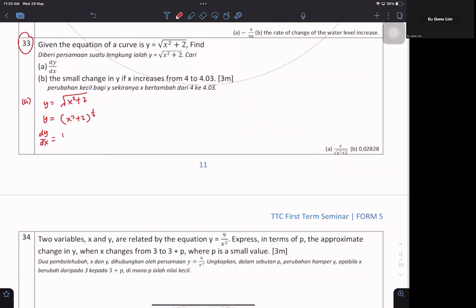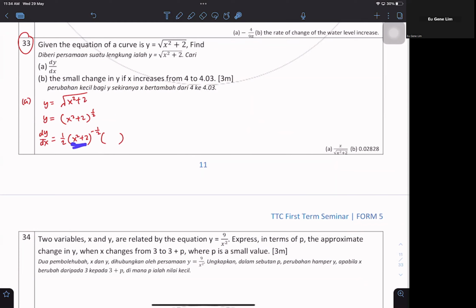Power times in front, and then power minus 1. 1 over 2 minus 1, you press the calculator, is negative 1 over 2. Then you add one more bracket because this is the chain rule, and you differentiate the inside.